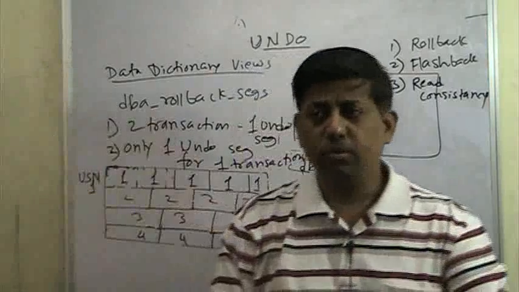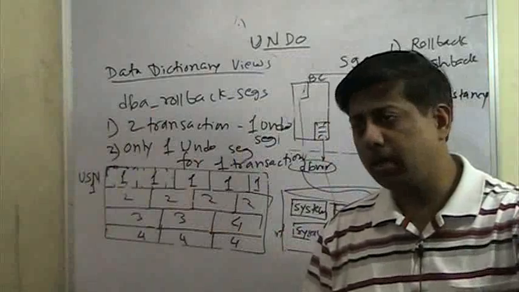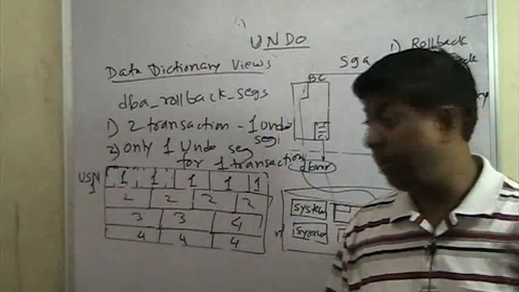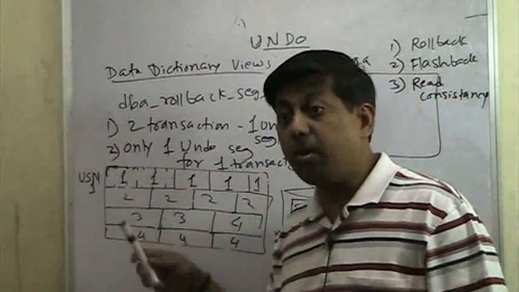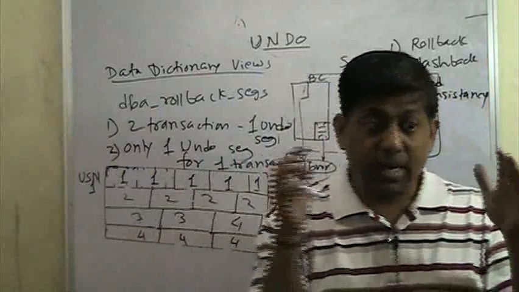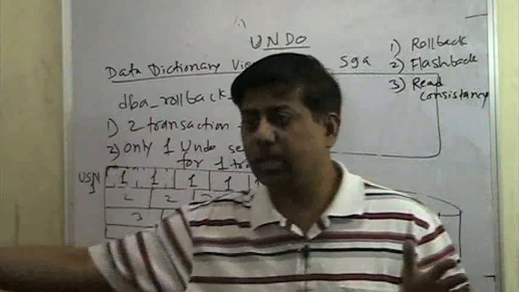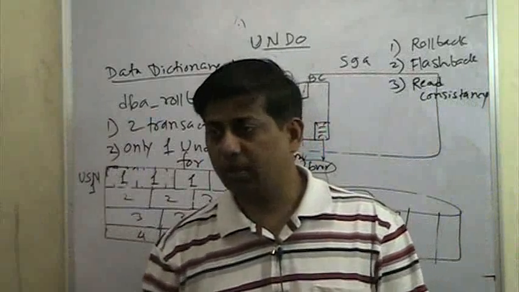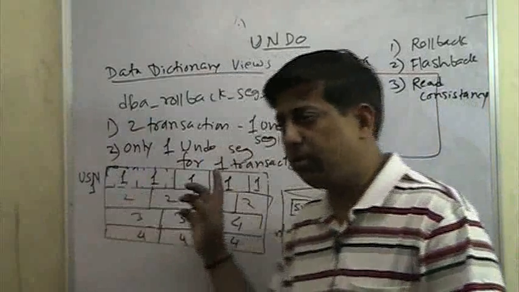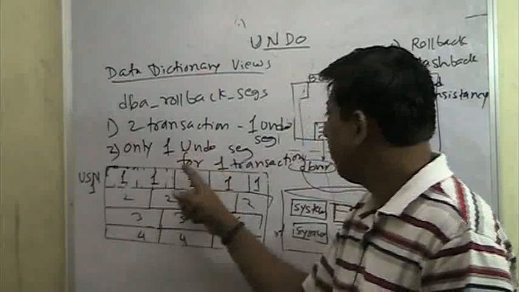Then you start another transaction. You will be assigned maybe the same undo segment or maybe a different one. But once that undo segment is assigned to your transaction, till you finish your transaction, it will be the same undo segment. So only one undo segment for one transaction.